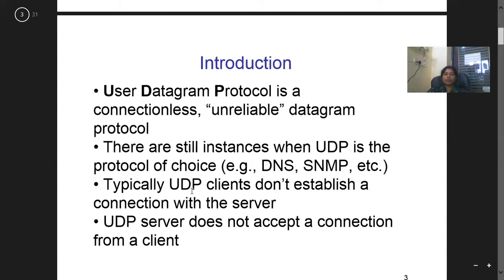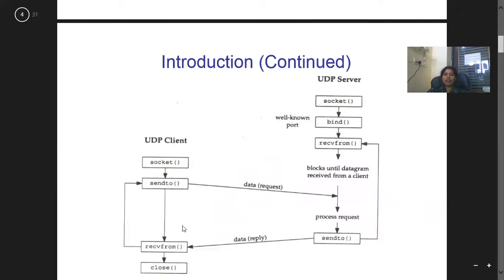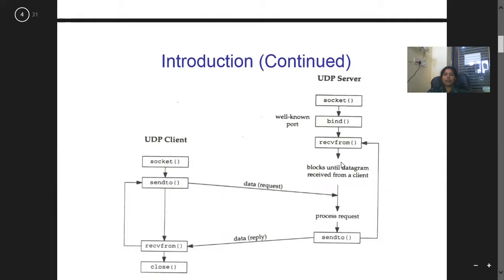UDP clients don't establish a connection with the server, so the server also doesn't accept any request from the clients. Here you can see in the diagram that the server socket binds, and recvfrom blocks until a datagram is received from the client.